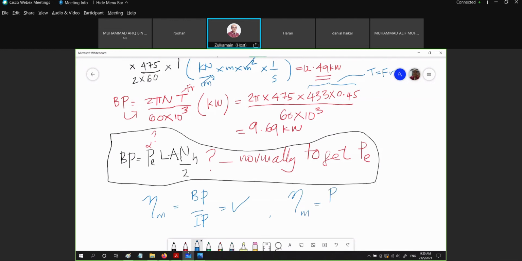This is PE divided by PI. Apart from the other formula, the PE can also be obtained from the mechanical efficiency.